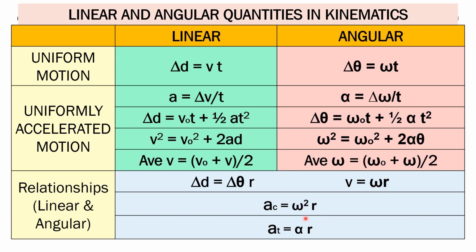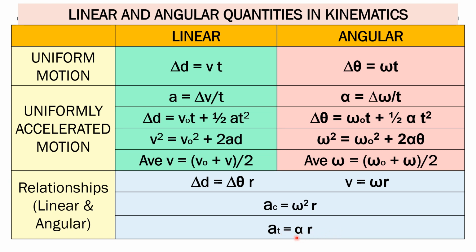We also have centripetal acceleration, which is a linear quantity, and it is related to the angular velocity by the equation a_c equals omega squared times the radius r. And lastly, we have tangential acceleration, which is related to angular acceleration alpha.